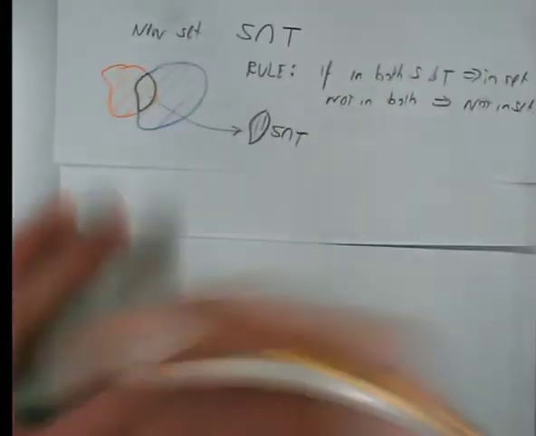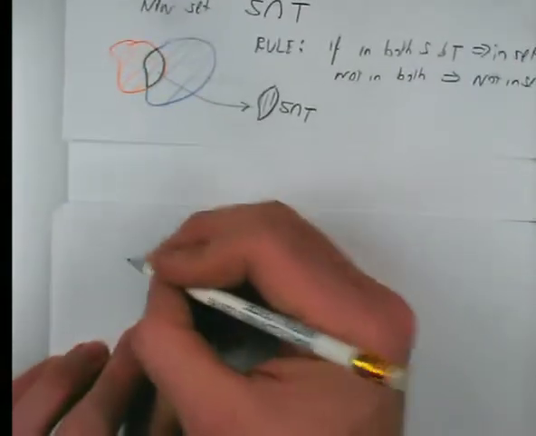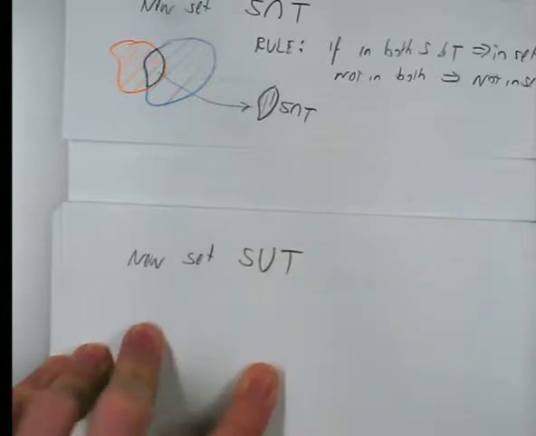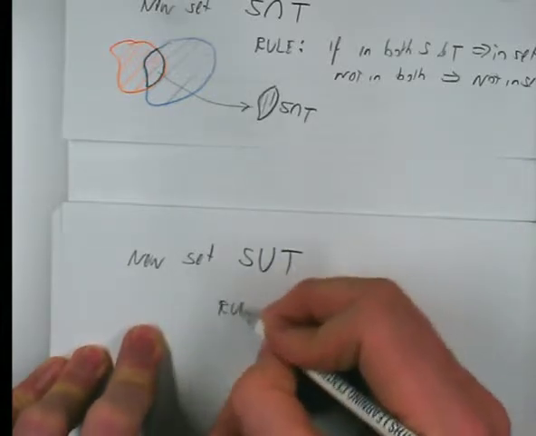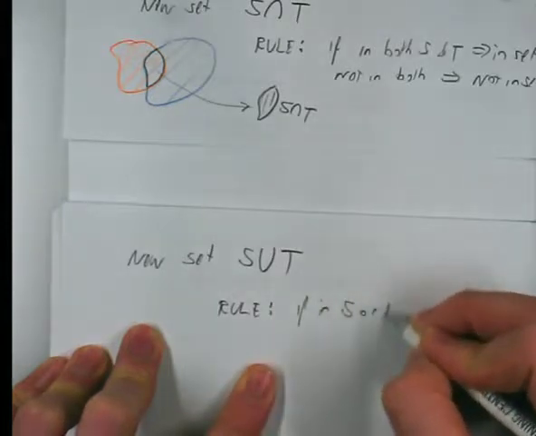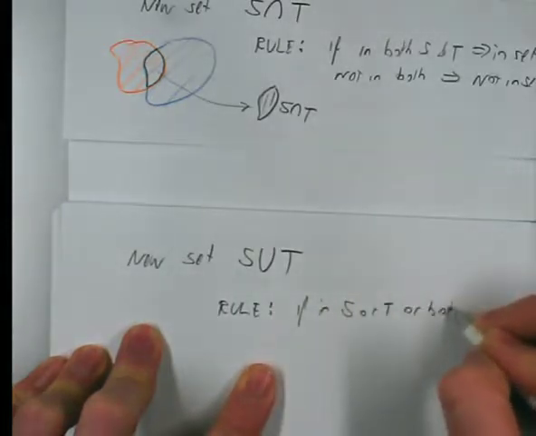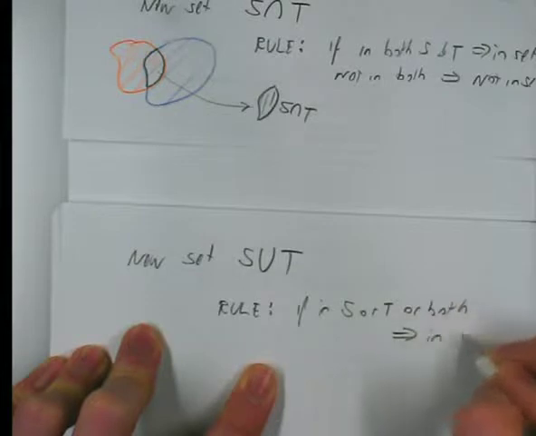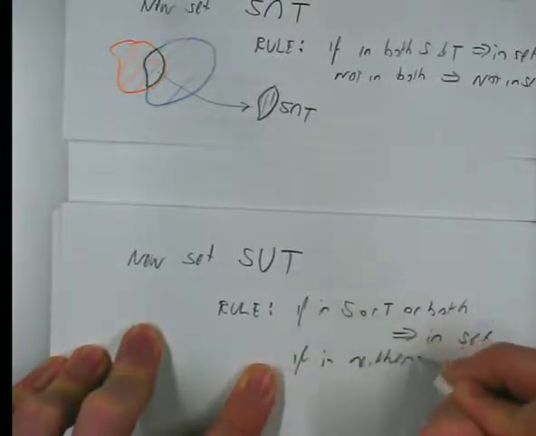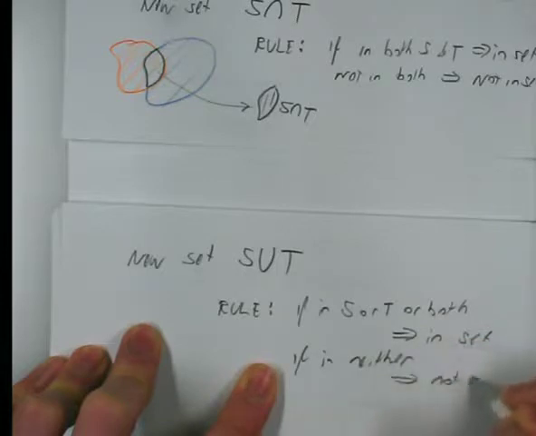But you could also make new sets this way. My new set S union T, and the rule for that is if you're in S or T or both, then you're in the set, but if in neither, then you're not in the set.